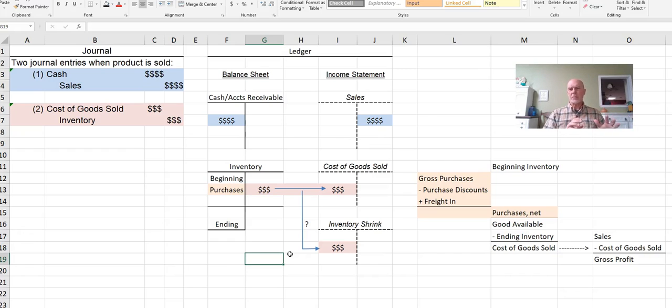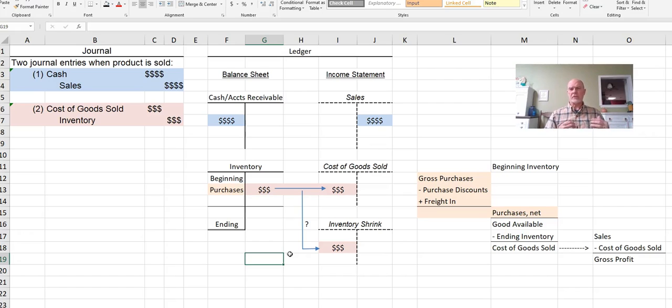But if you are on top of your business and you understand how much profit you should have included in your sales, then you're able to kind of back into how much inventory you should have. And then when you go out and count it and compare to what you're estimating, then you're able to identify if you've had any kind of inventory shrink.